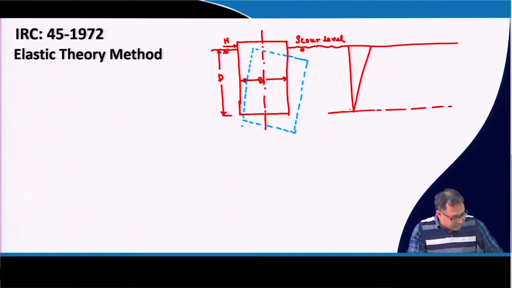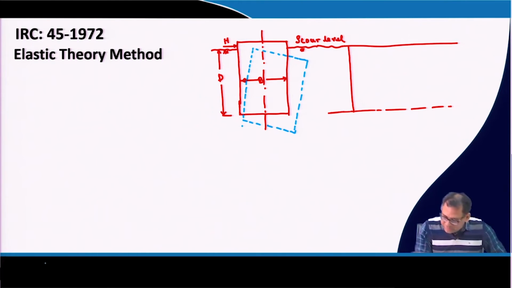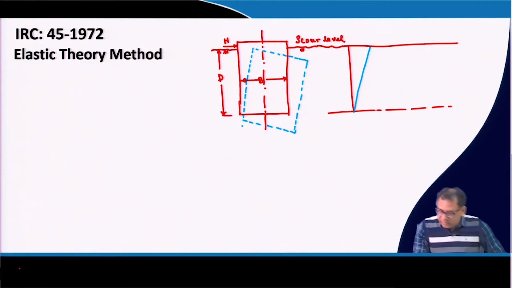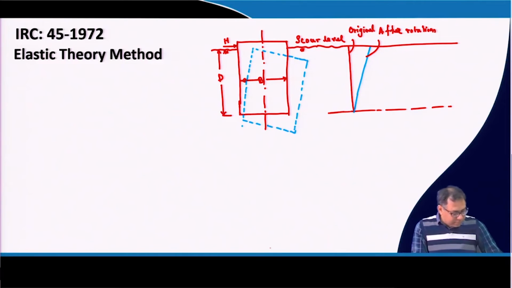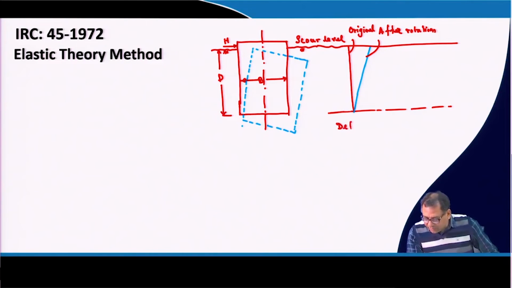This is the rotated position of the well, the new position after rotation, and this is the original position. This is the deflection profile.